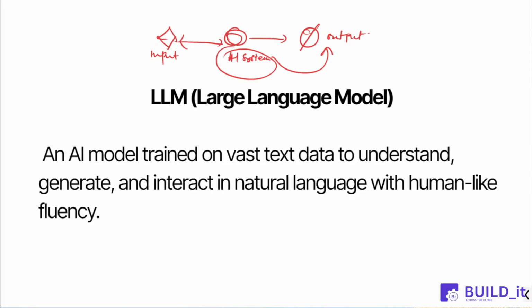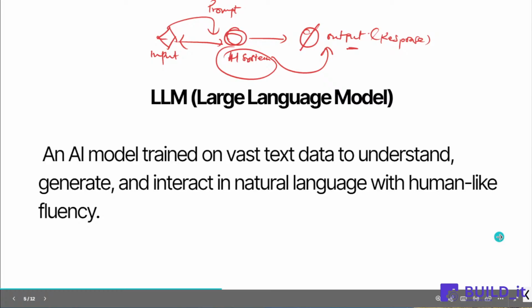So that whenever you provide a prompt, based on what it has learned, it will be able to give you the output, or let me say, the response you need. I believe that is clear. So these AI systems have large language models because they have been trained on vast data. Based on what it has been trained on and what it knows and understands, when you give it a prompt or ask it a question, it will be able to generate the response for you. So that is what we mean by large language model.